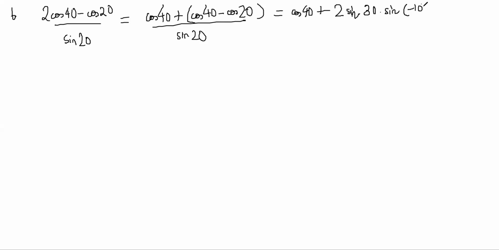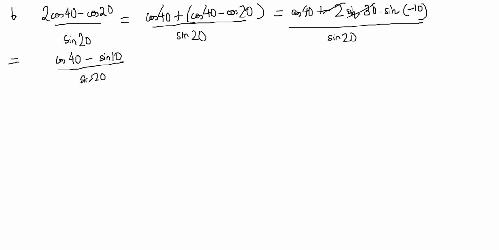So this becomes by sin 20. This sin 30 is half. Half and 2 cancel. So you get cos 40 minus sin 10 by sin 20.